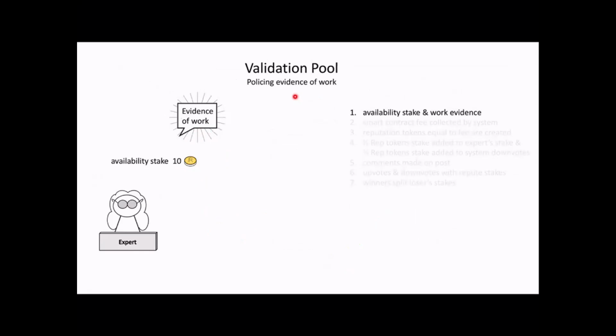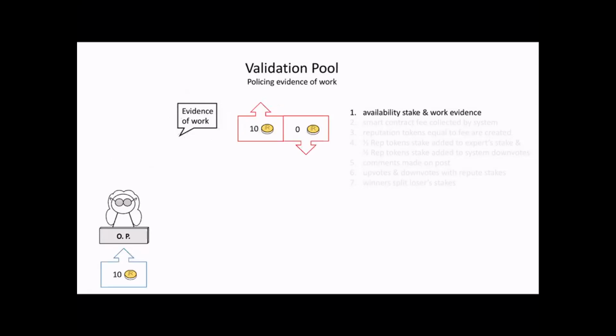After you've posted your evidence of work into the forum and your availability stake is encumbered in the business smart contract that interacts with the validation pool smart contract. So those are the three main smart contracts. And this is the hardest part to get all that understood as to how it all interacts with each other. Okay.